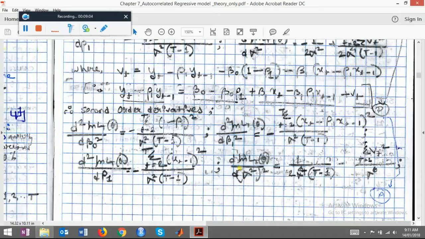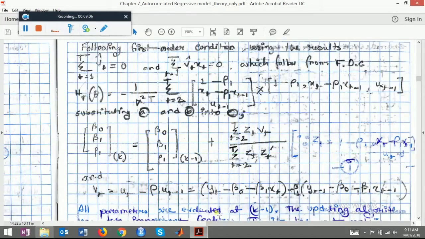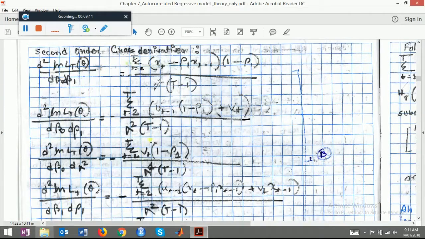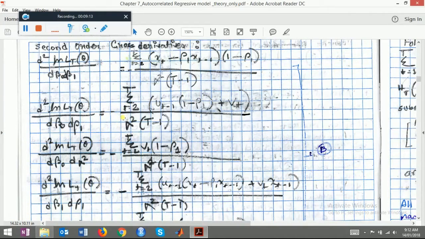Then come the second order cross derivatives. Now we have beta naught and beta 1 both coming into action. The beta naught portion, the denominator remains the same, and the beta 1 portion comes in. But since this is a second order derivative, Vt vanishes.